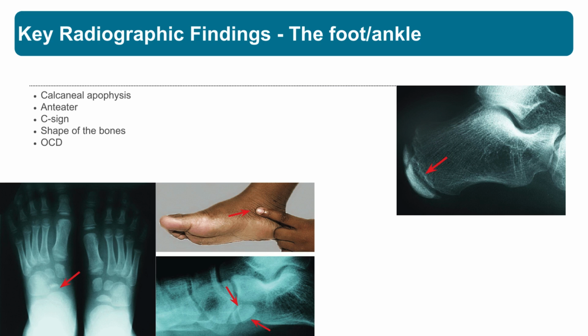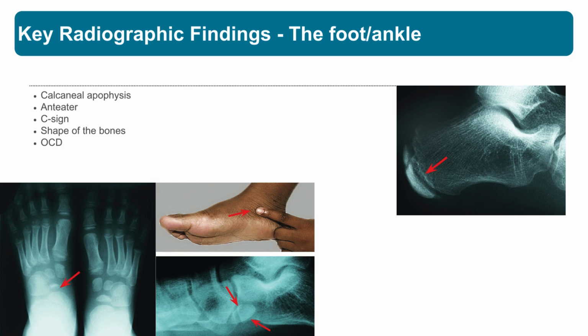For the foot, it can be really helpful to check what the calcaneal apophysis is doing, as in this top right image. If it's fragmented and irregular appearing, maybe they have Sever's apophysitis or calcaneal apophysitis. It's also very helpful to look at the shape of the bones in general. As you can see in this bottom left image, there's fragmentation and collapse of the navicular, consistent with Köhler's disease.